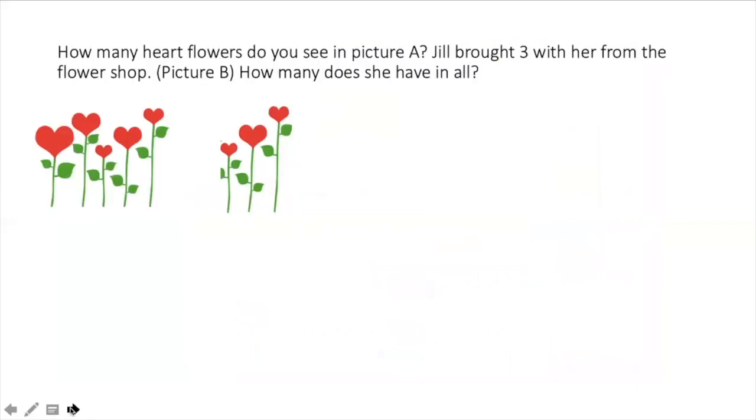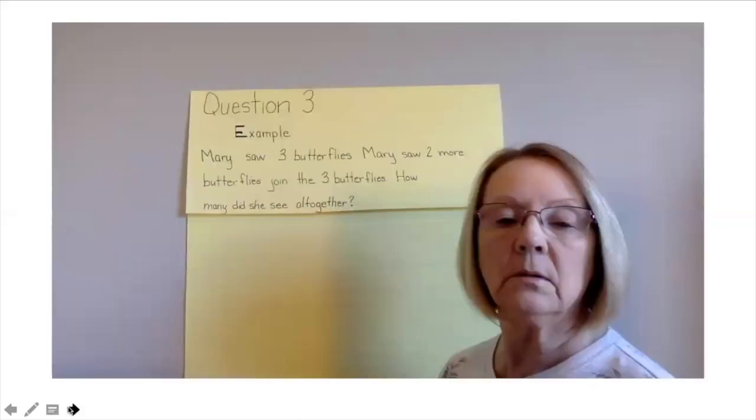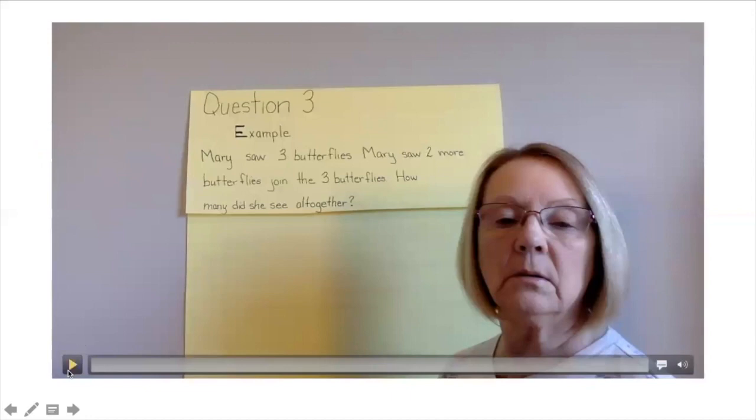In problem 3, it says, how many heart flowers do you see in picture A? Jill brought 3 with her from the flower shop. Picture B, how many does she have in all? So we're going to do an example to show you how that is done.